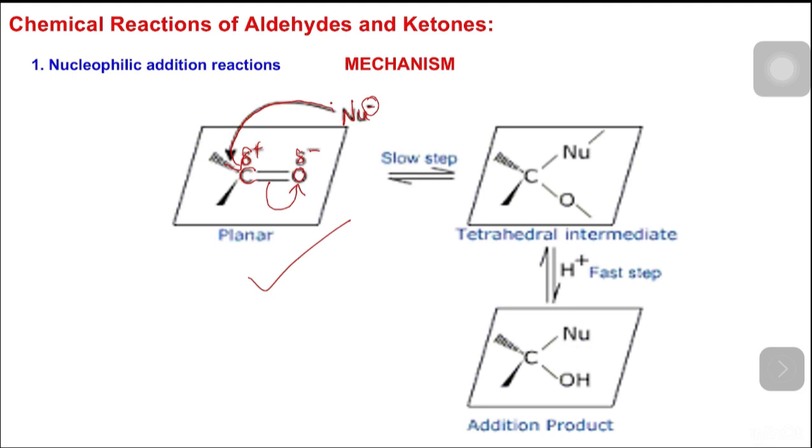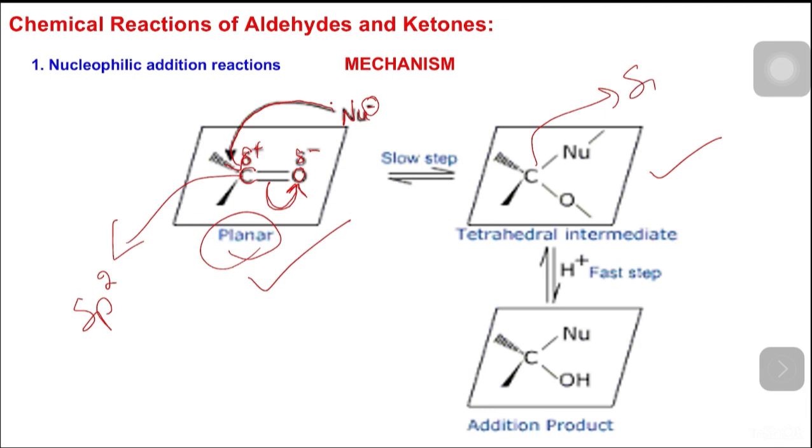So, electron density from here shifts towards oxygen and you get this intermediate. You should notice that it was planar because the carbon here is sp2 hybridized and here it has become sp3 hybridized. So, it becomes tetrahedral, a very important change in the geometry after the attack of the nucleophile.